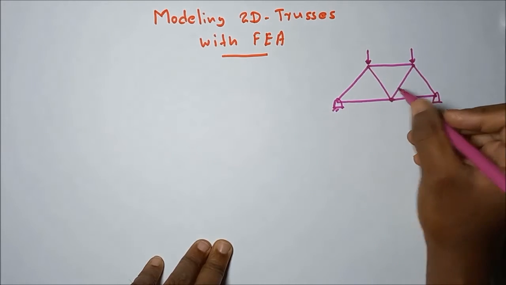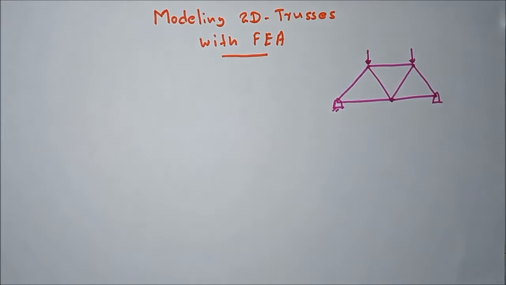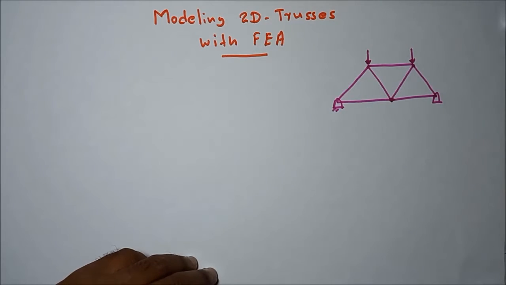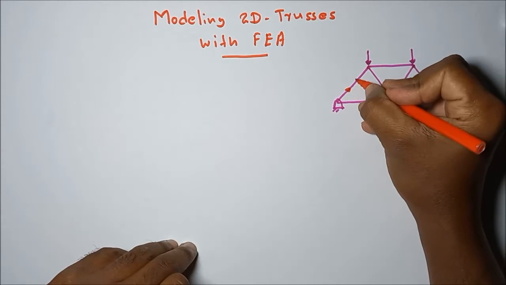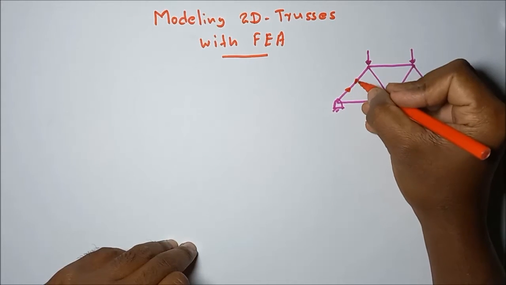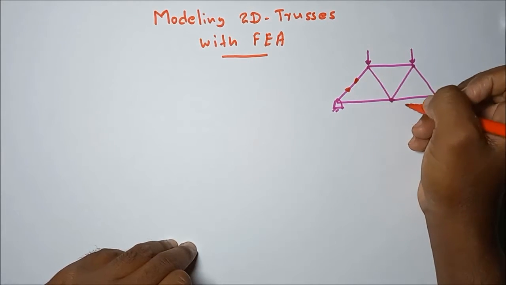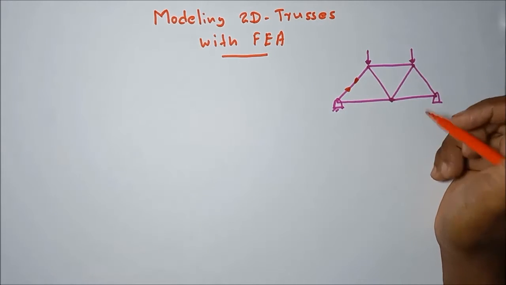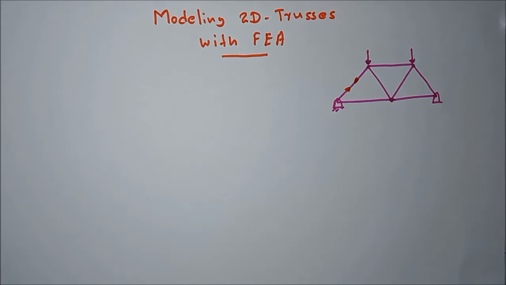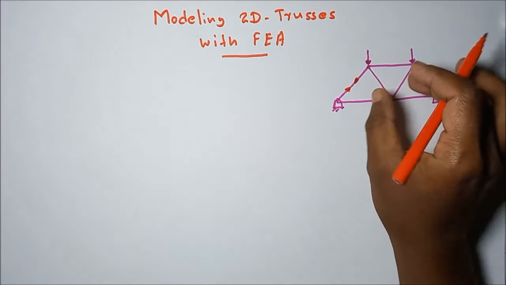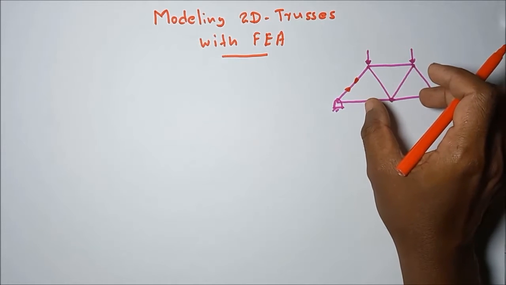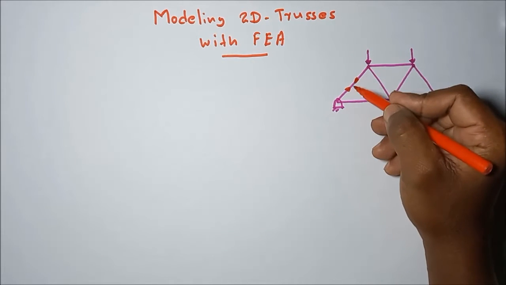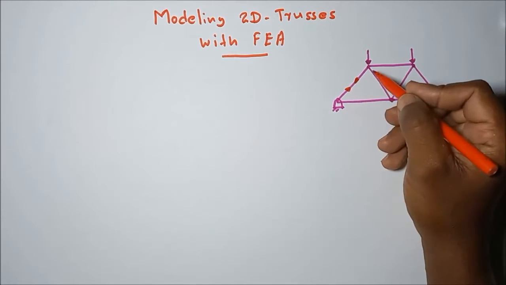So all the forces develop along these bars, and these bars are subjected to tension or compression according to the load applied. In a truss structure, all the forces act along the members in the axial direction.